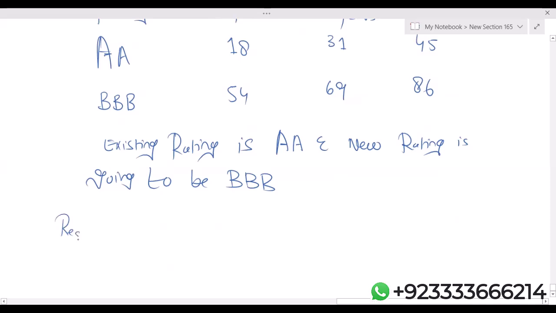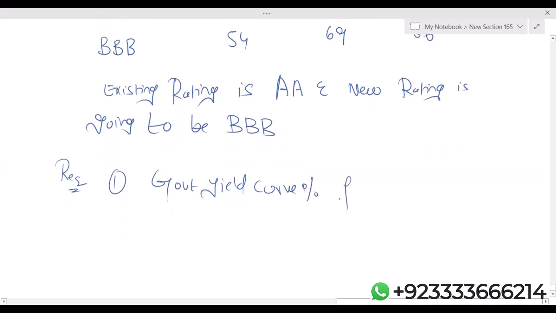Required. The requirement says, first, calculate government yield curve percentages for year 1, year 2, and year 3.